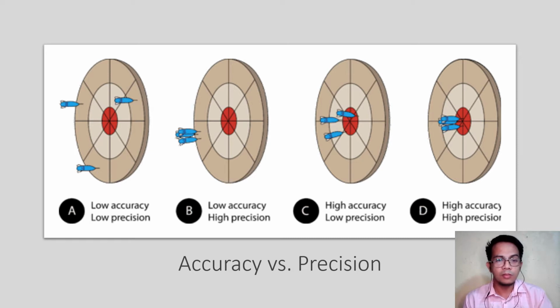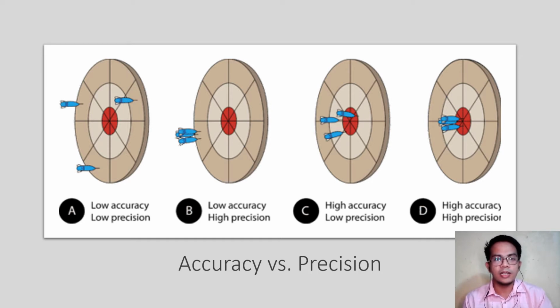So let's look at the letter B. If all the darts land very close together but far from the bullseye, there's precision, not accuracy. Then for letter C, if the darts are all about an equal distance from and spaced equally around the bullseye, there's a mathematical accuracy because the average of the darts is in the bullseye.